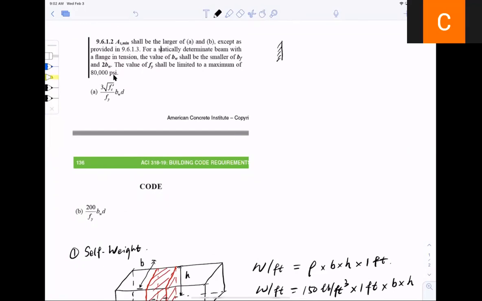In the cantilever beam setting, if you have minimum or no reinforcement at all, and by calculation we find the cracking moment M_cr, and the applied moment M_u is smaller than M_cr, of course there's no strength reduction factor here because there's no reinforcement. We naturally assume the beam is okay.